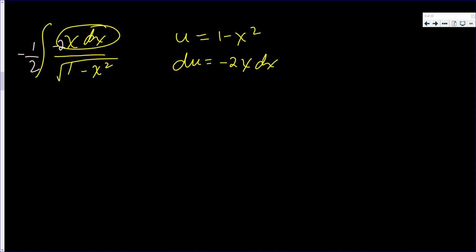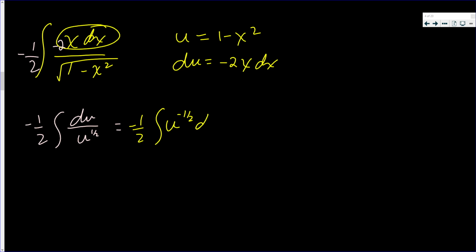And I have to bring out negative a half. So the top is du, and the bottom is the square root of u. That is u to the half. But we don't know how to integrate u to the half. So we bring it to the numerator, and then we do know how to integrate it. You add 1 to that exponent, it becomes a half, and then you divide by 1 over 2.